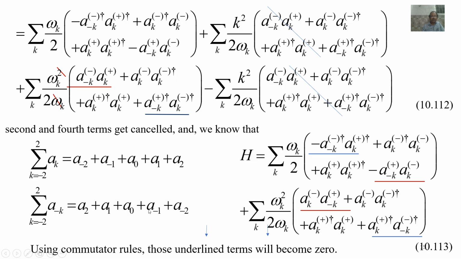Look at the right hand side, they are equal. If the right hand sides are equal, the left hand sides must be equal. So a_k can be replaced by a_minus k.